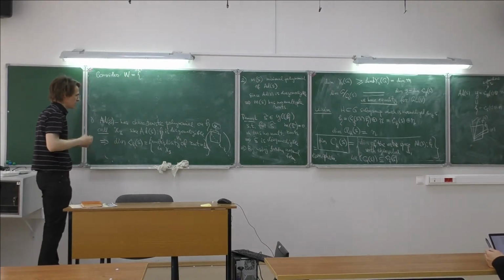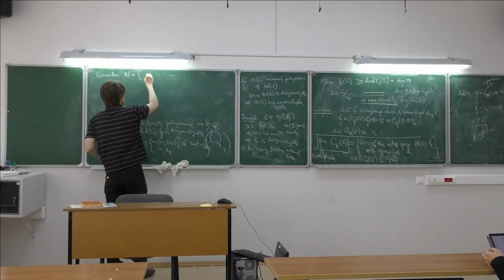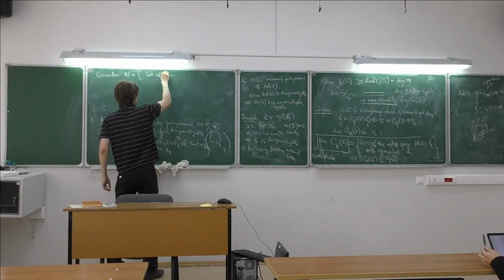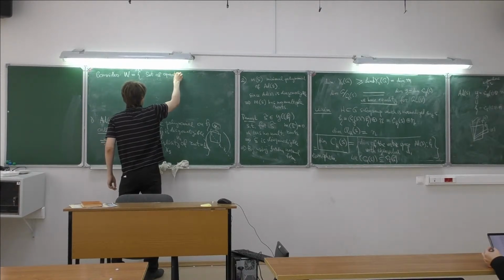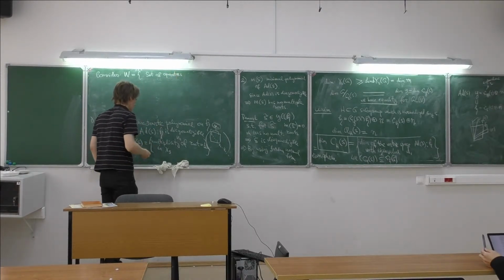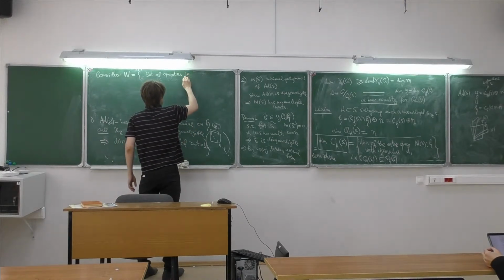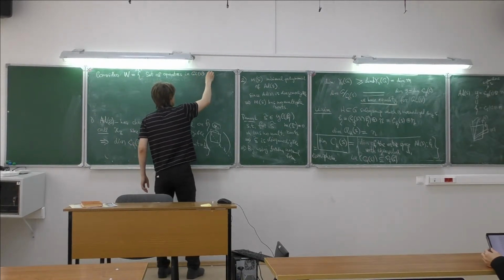So these are the set of operators in GLV with the following properties.